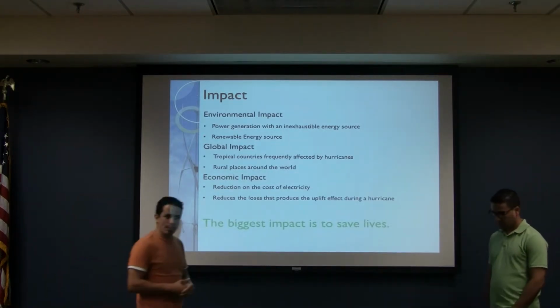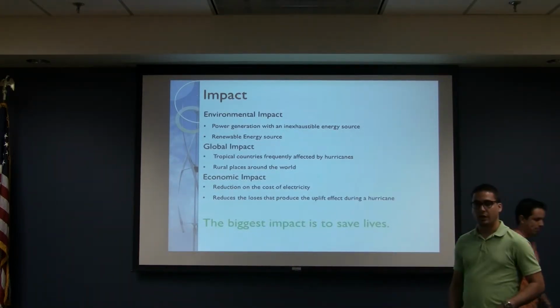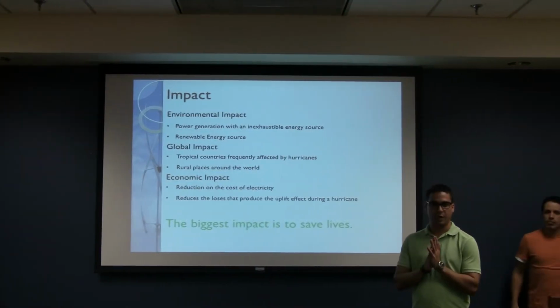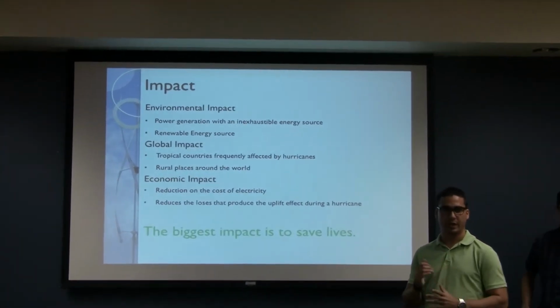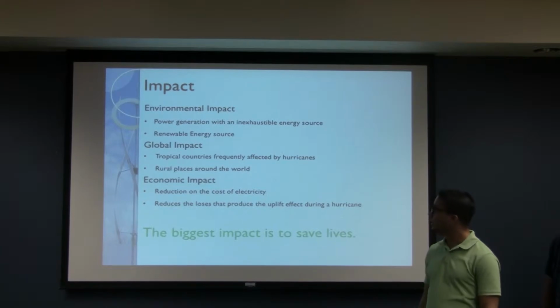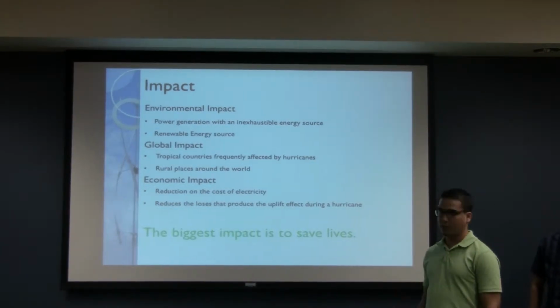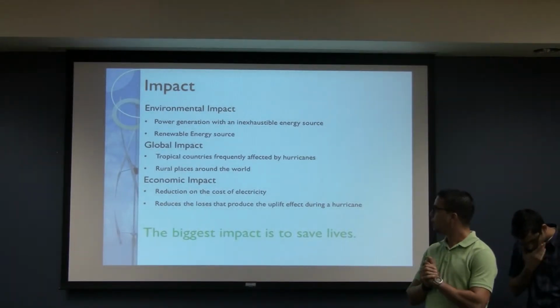And you will explain the impact of this project. So even though our initial prototype is pretty simple, we are expecting a pretty high impact with this project in general. Environmental, because we're using a renewable energy source, which is the wind.